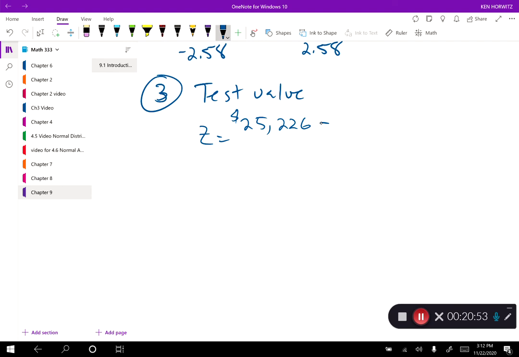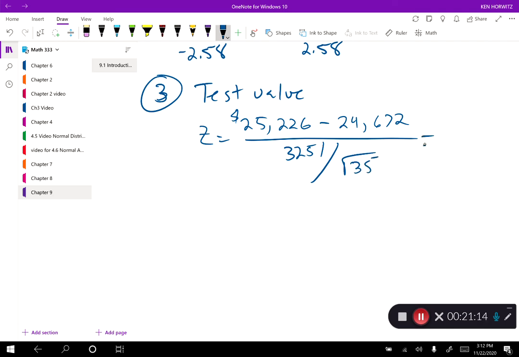Subtract that from what we think is the established average, which is 24,672. We'll divide that by 3,251 over the square root of our sample size, which is 35. So why don't you pause the video and let's see what this value is.